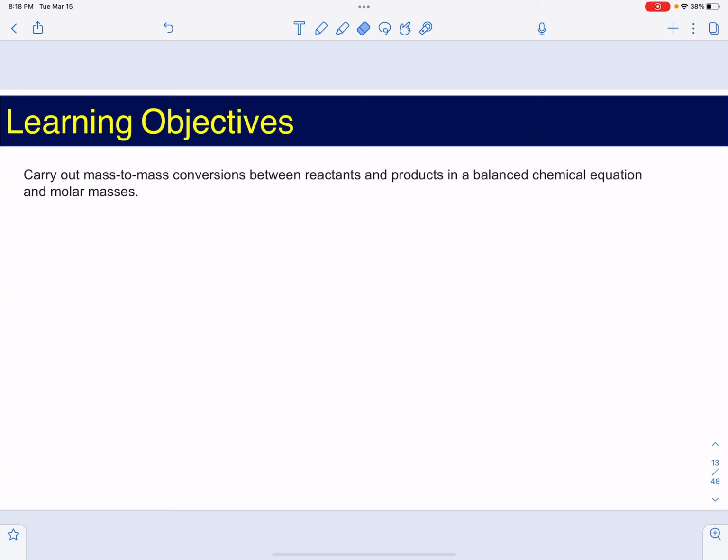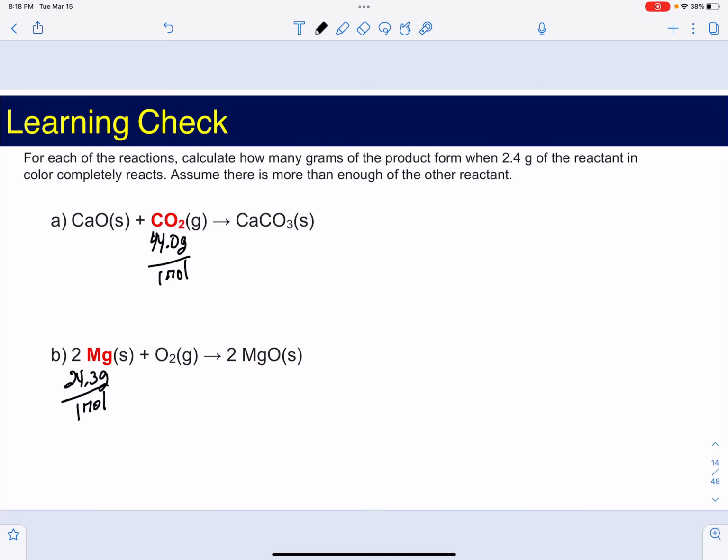We're still going to be doing conversions, but we're going to start with mass and end up with mass, and we're still going to do it between reactants and products. And we're using a balanced equation, like before, and molar masses to find the conversion between the grams and the moles. Let's begin with these two problems.